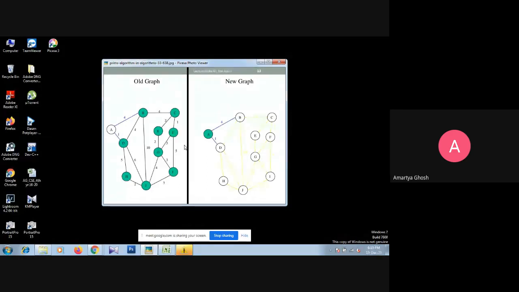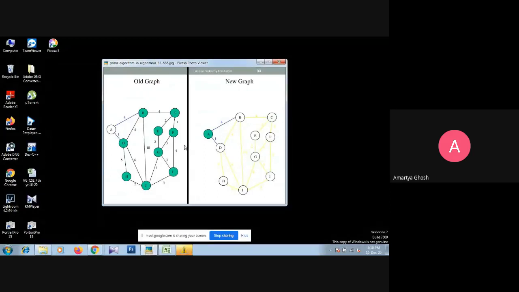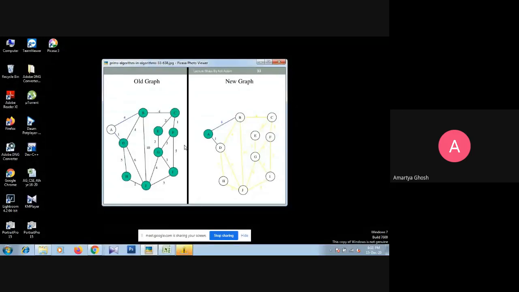Now if we create a priority queue according to weight, minimum weight is high priority, maximum weight is low priority. So AD, with weight 1, obviously has high priority, so it will be at the front position, and thereafter AB, with weight 4, has lower priority, so it will be after that. So first in our priority queue is 1, then 4.